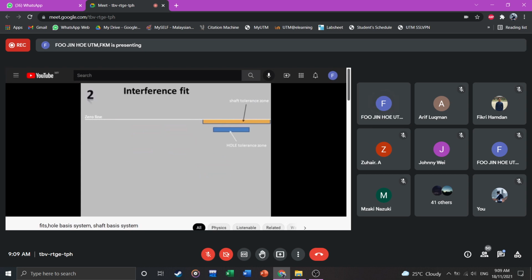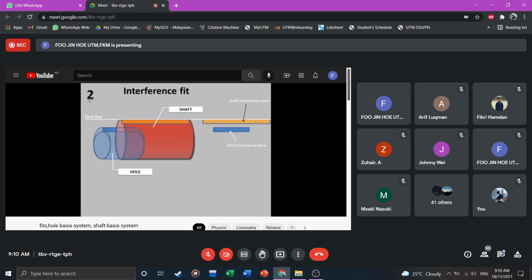This is an example of interference fit. In interference fit, the upper limit of the hole must be less than the lower limit of the shaft. This is the upper limit of shaft, lower limit of shaft, and tolerance zone of shaft. Similarly, upper limit of hole, lower limit of hole, and tolerance zone of hole.